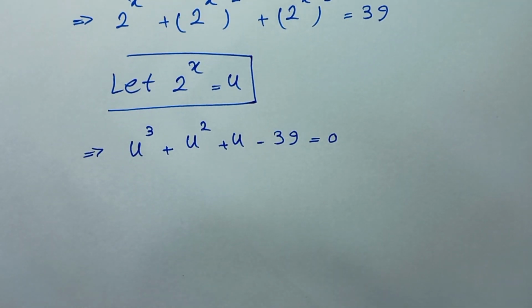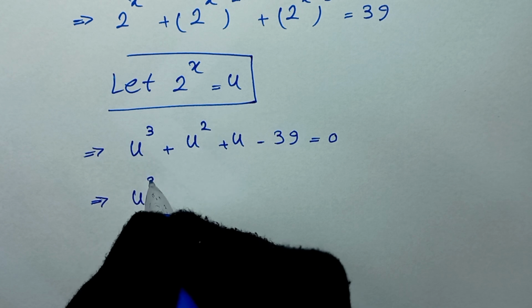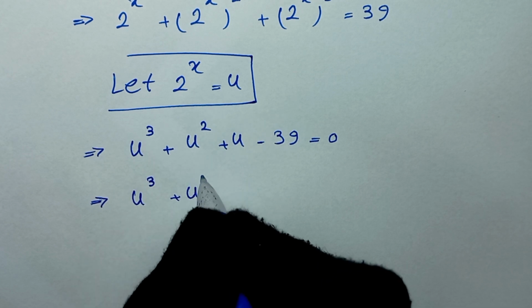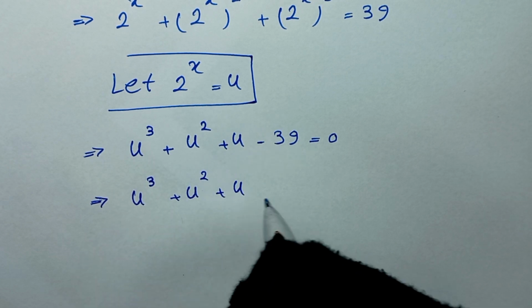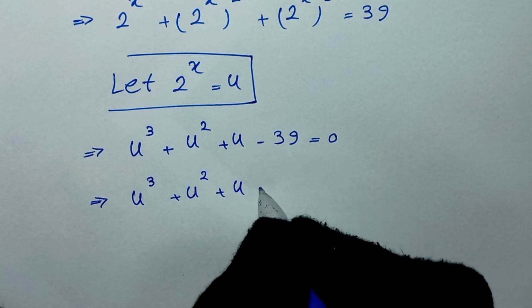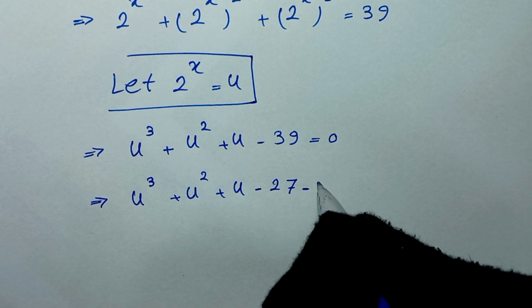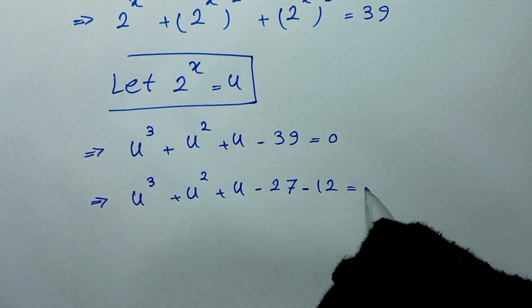And in next step, it will be u cube plus u square plus u, and here we write this negative 39 as negative 27 minus 12 is equal to 0.